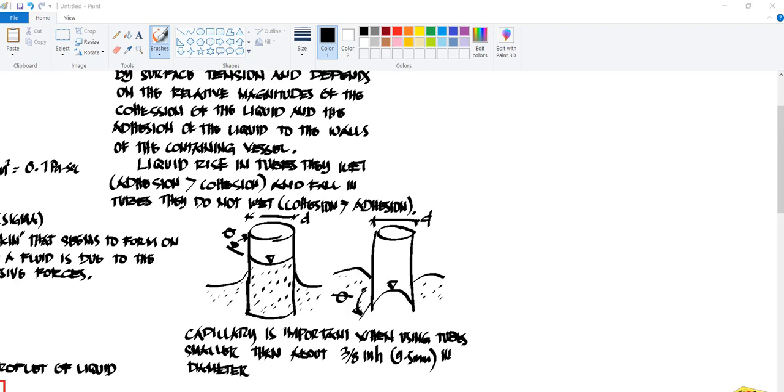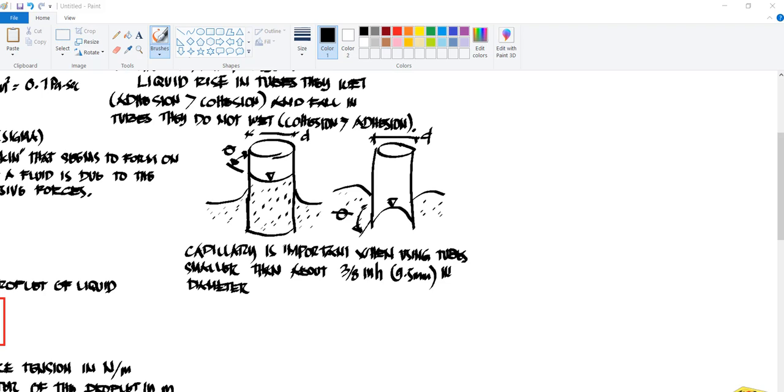Now, capillarity is important when using tubes smaller than about 3/8 inch or 9.5 mm in diameter. We have a given height from the surface of water, so you have your h projecting here.